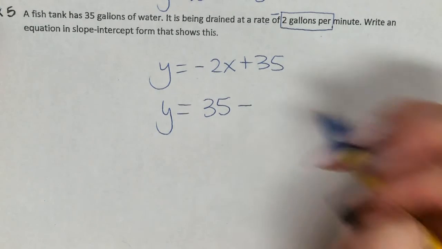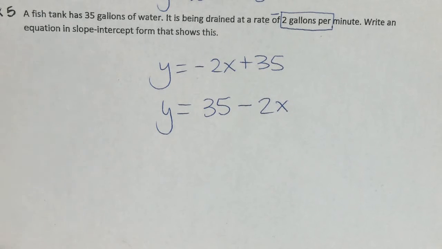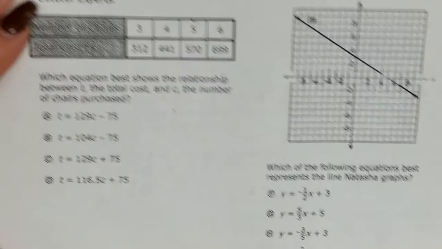Minus 2x. Or plus negative 2x. What you need to understand is that the 2 is a negative because it's being drained. You can never put the negative with the 35. Why? Because it has 35 gallons of water. Does that make sense? All right, flip to the back.